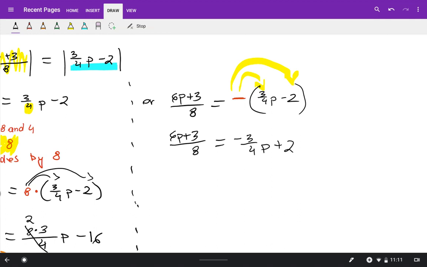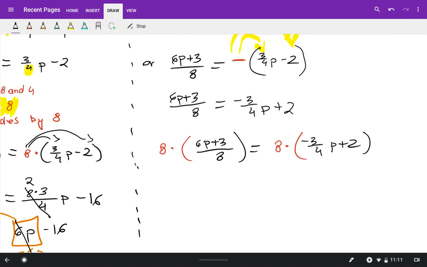Negative 1 multiplied by an expression just changes the original expression to its opposite. Now I'm going to multiply both sides by the LCM, which is 8. So I have 8 times 6p plus 3 over 8 equals 8 times, and in parentheses I copy the right side, negative 3 over 4p plus 2.